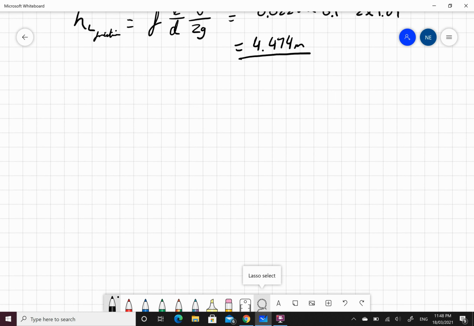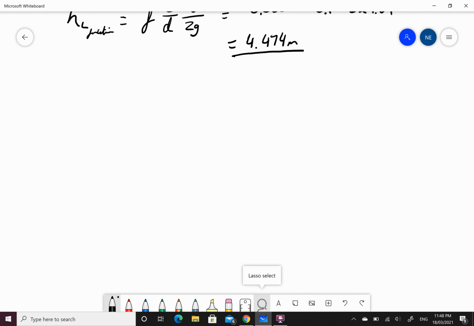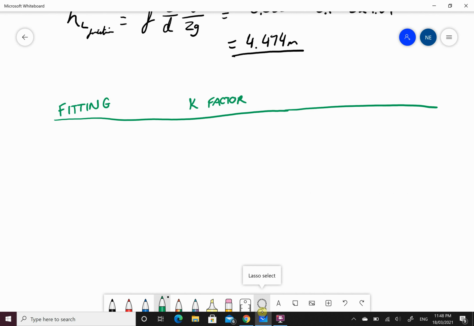The way I need you guys to set these up, so there's no confusion, I'll do it in green: I have my fitting, my K factor, my quantity, and then my sum of K.